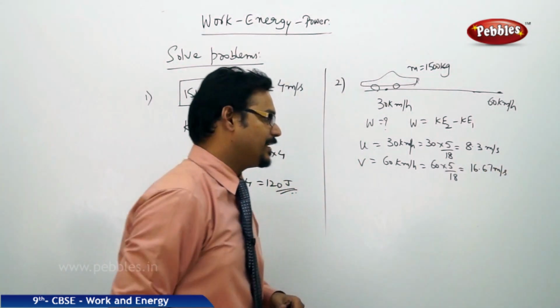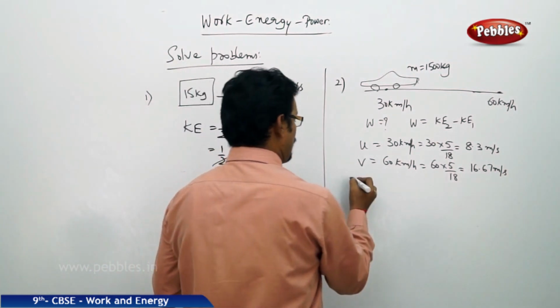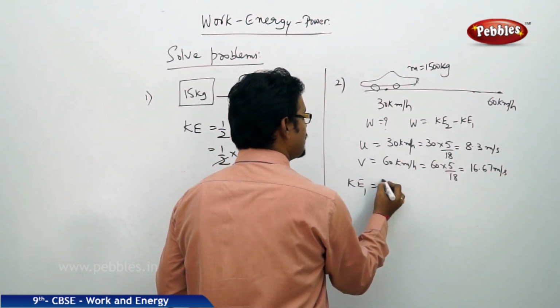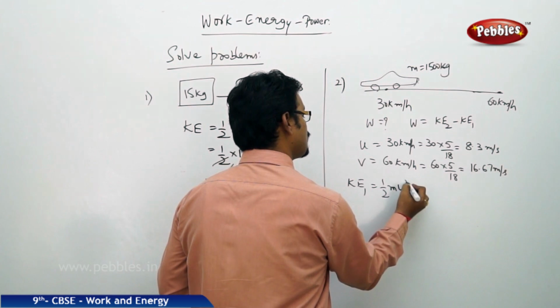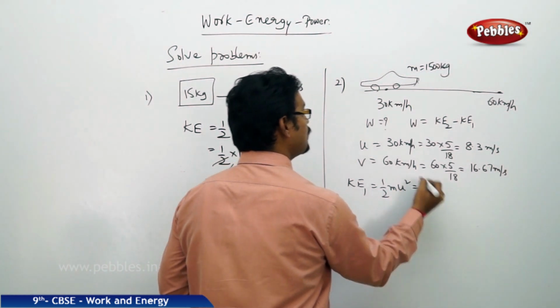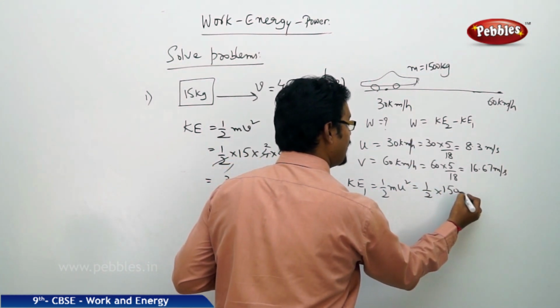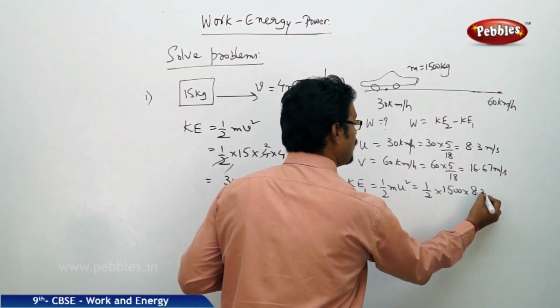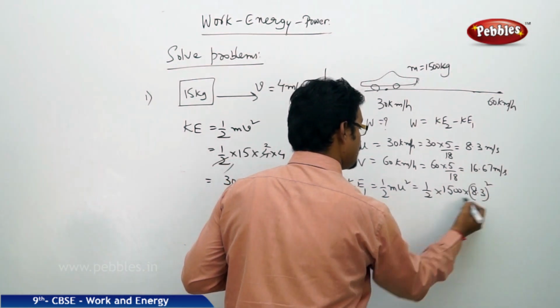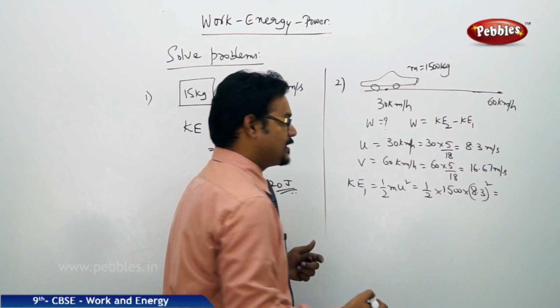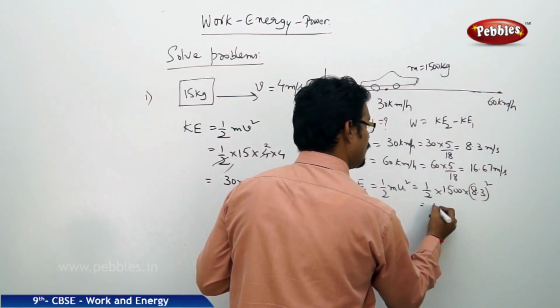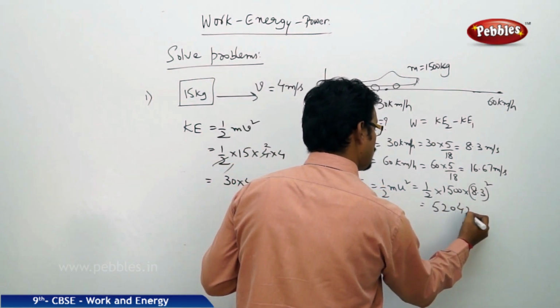If you calculate it, you will get it. Okay, now initial kinetic energy, half mu square. So half into mass 1500 into u square, 8.3 square. If you simplify this, I will write here, 520.42 joules.